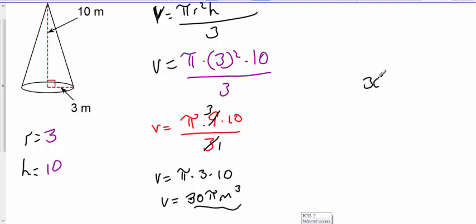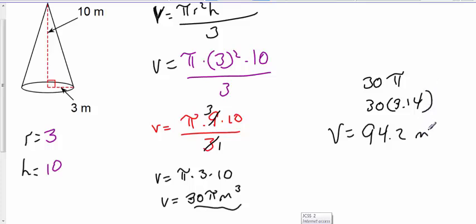And then we've got 30 pi. Well, that's 30 times 3.14. Okay, and if I go 30 times 3.14, that gives me a volume of 94.2 cubic meters.